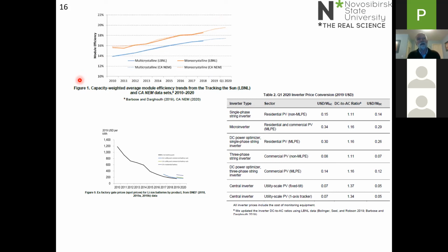All of them have increased at roughly the same rate. But of course, that means the differences between the different technologies remain. So in 2010, we're talking roughly about 15 or 16% efficiency, and that's gone up about 2% over the last decade. Why do you think efficiency might be important for solar photovoltaic costs?